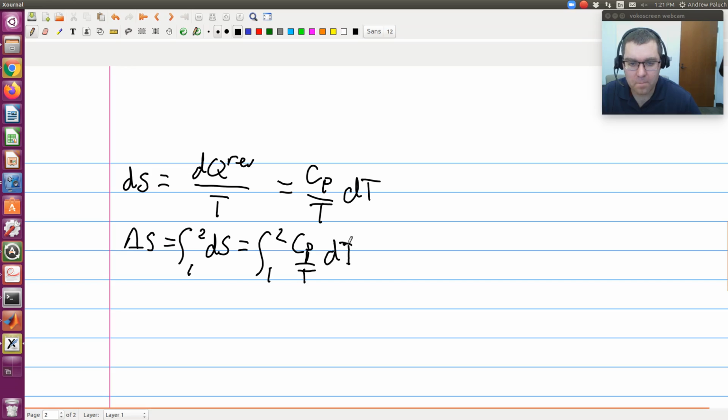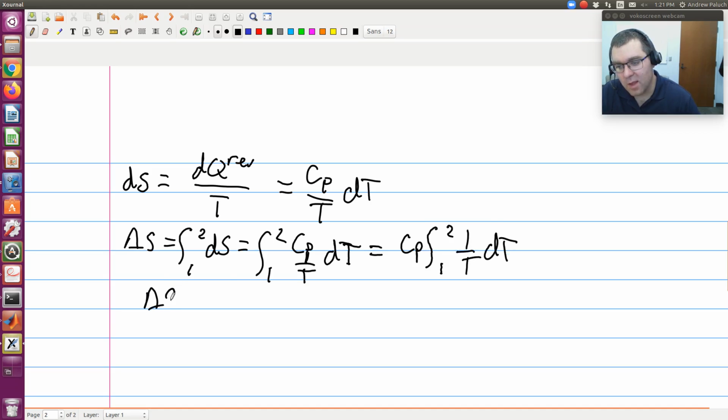Now in the problem, we're given a value of Cp that's constant, so I'll bring it out and have the Cp times the integral from 1 to 2, 1 over T dT. So delta S then is equal to Cp times log of T2 over T1.